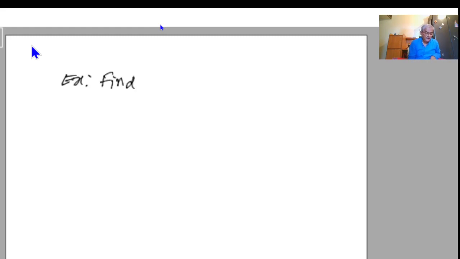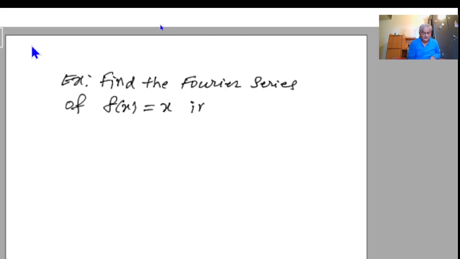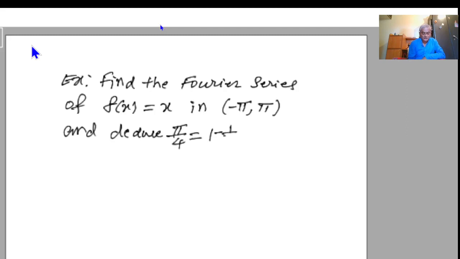Find the Fourier series of f of x is equal to x in the interval minus pi comma pi, and deduce pi by 4 equal to 1 minus 1 by 3 plus 1 by 5 minus 1 by 7 plus and so on. This we have to deduce.